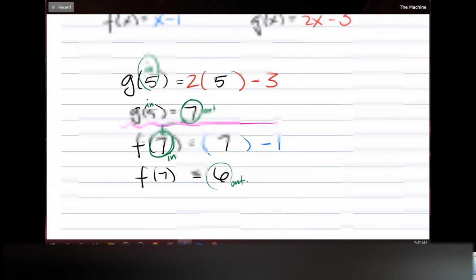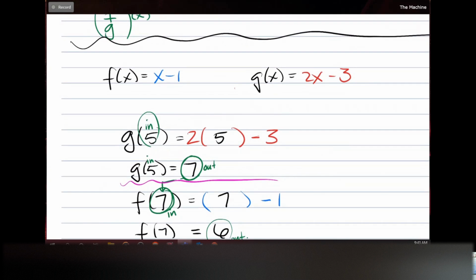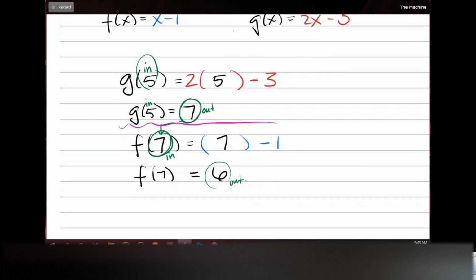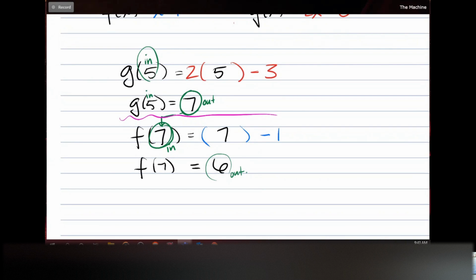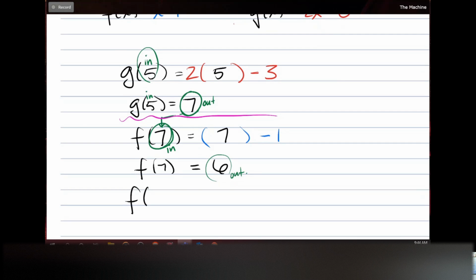Here's what I did. I linked these functions together. I did f of g of 5 is equal to 6. Are we gonna have to graph these eventually? Yes. Okay.